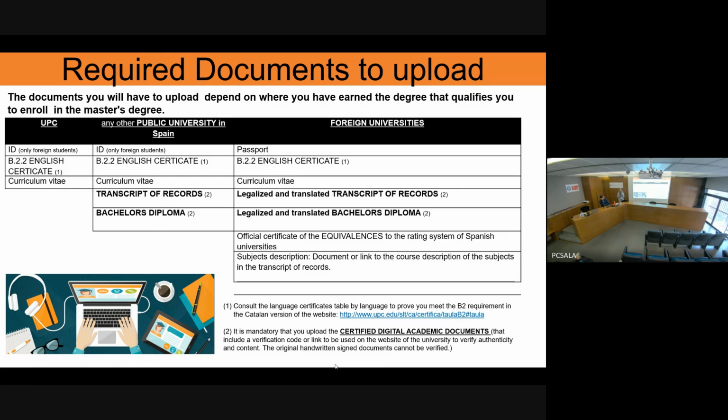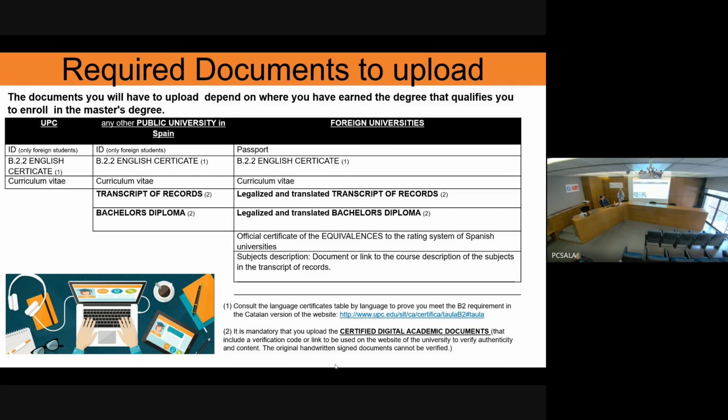But what we really need is the most updated transcript of records, because it is very important for the admission committee to know which elective subjects you have taken in your bachelor, so they know your background better, so they can assign you a better tutor and recommend some enrollment subjects or whatever.